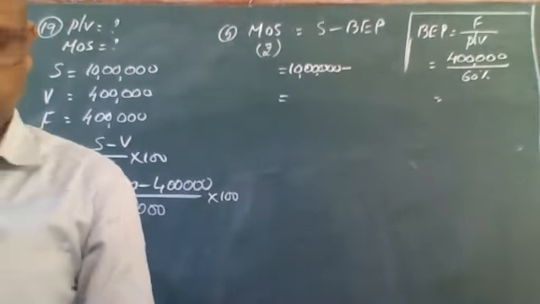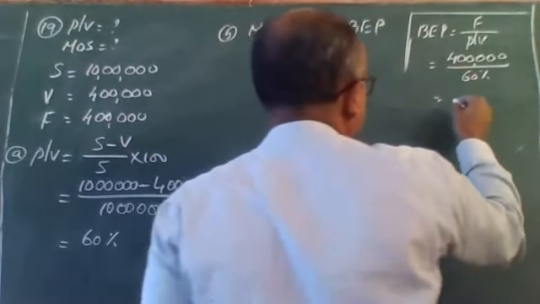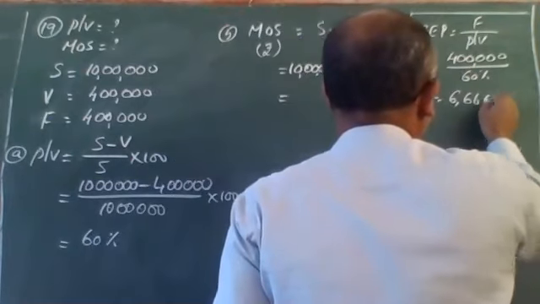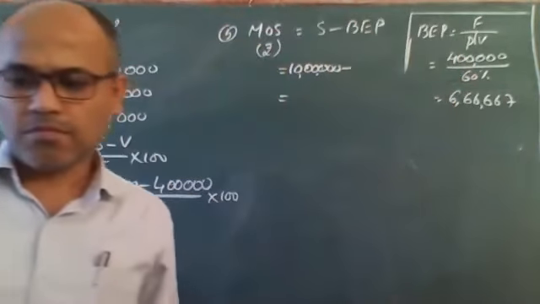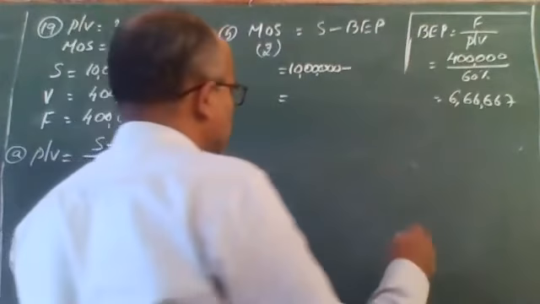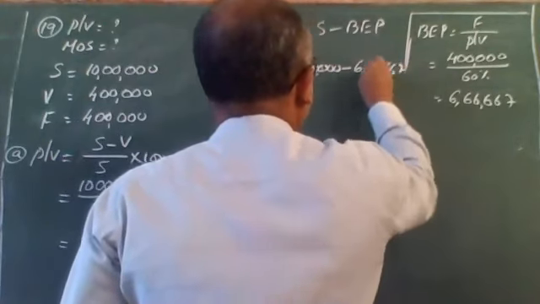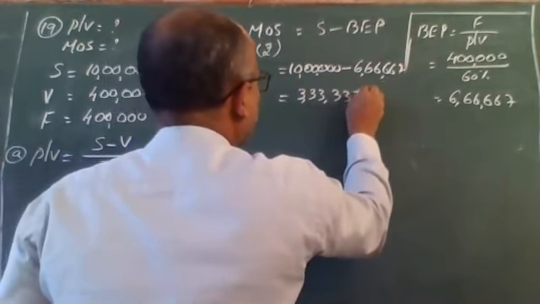Is it okay? 4 by 6, that is 2/3, is equal to 6,66,667 rupees. 2/3 generally comes to that. So 6,66,666 if I remove from 10 lakhs is 3,33,333 rupees.